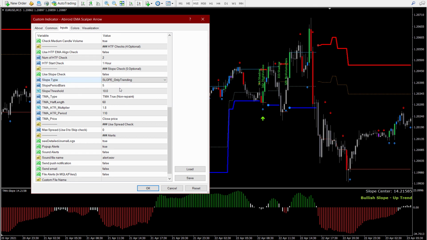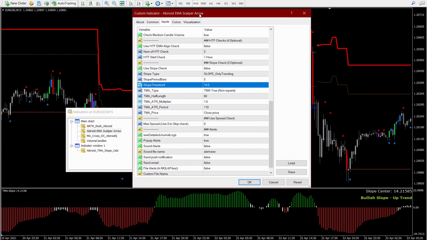If you set it to only trending, then it will use this threshold, and it will only allow the signals when slope is above that threshold. And same way, if the threshold is 10, for sell signals, it will only allow when slope is minus 10 or anything below that.